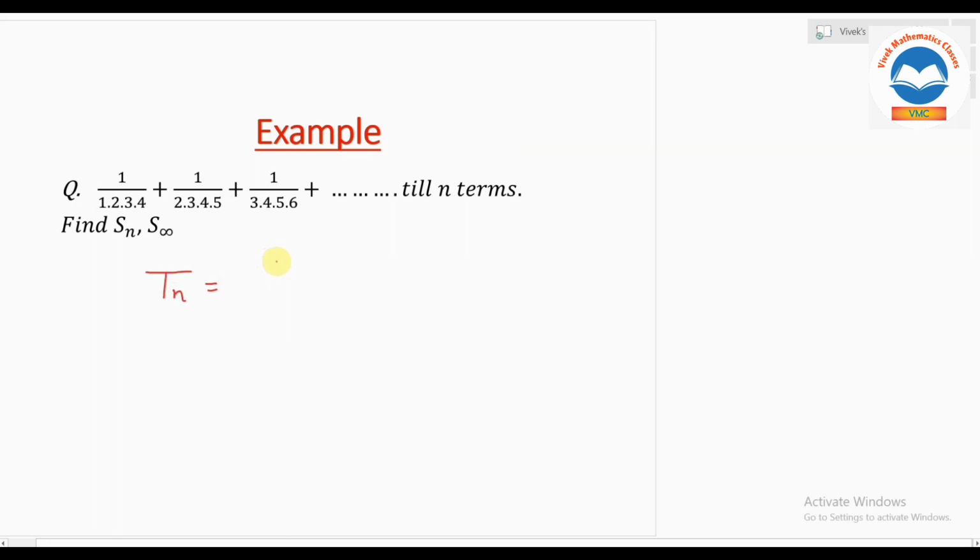The second term starts from 2, then the next 3 terms also. So the nth term will start from n and the next 3 terms again: n plus 1, n plus 2 and n plus 3. So Tn we are getting is 1 by n into n plus 1, n plus 2, n plus 3.